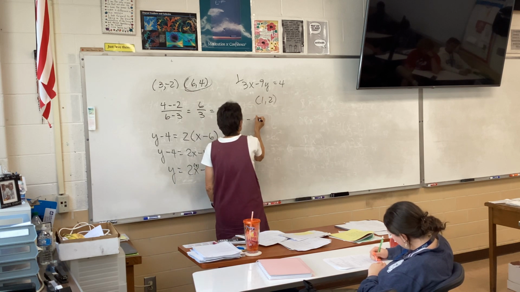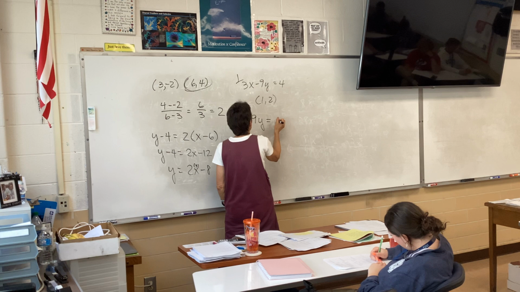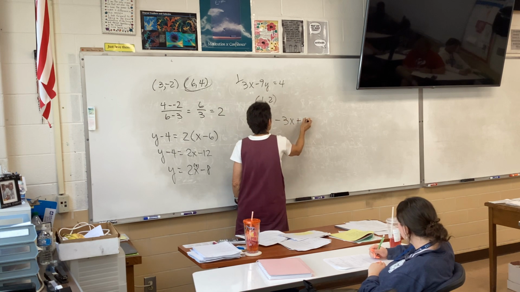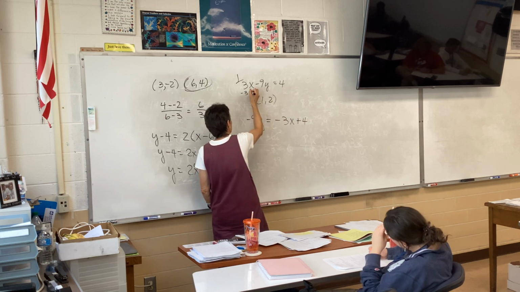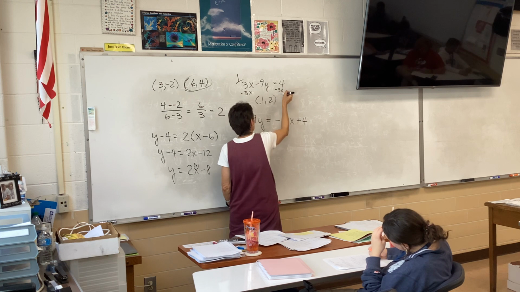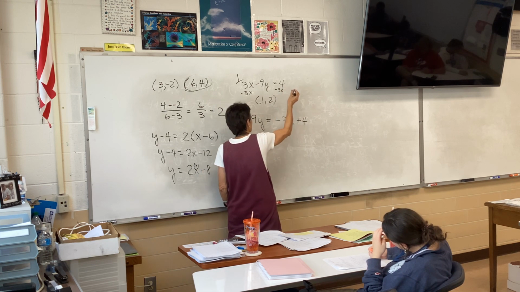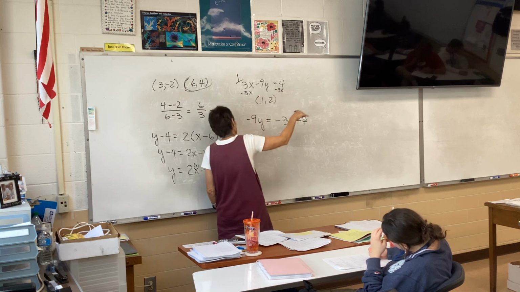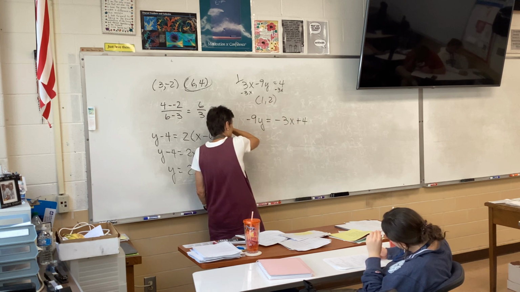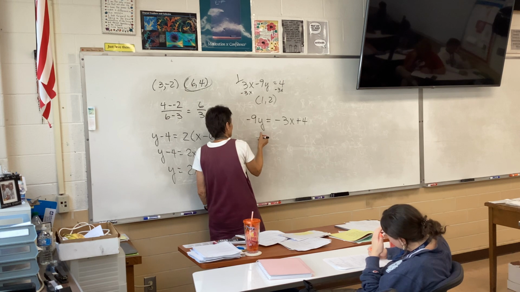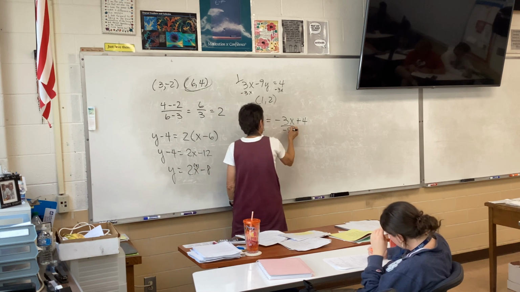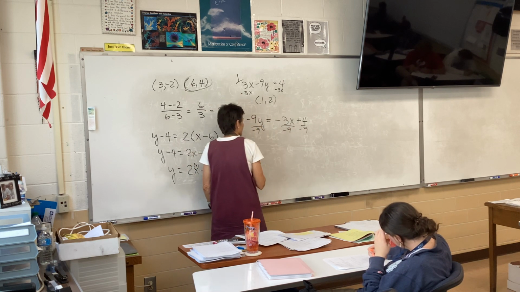So I know the slope of this line. I'm going to subtract the 3x over. I think I said this yesterday: I don't care where you put the 3x. I always put my x first, but if you said 4 minus 3x, that would be fine. Just know you're not done because you have to divide by -9.